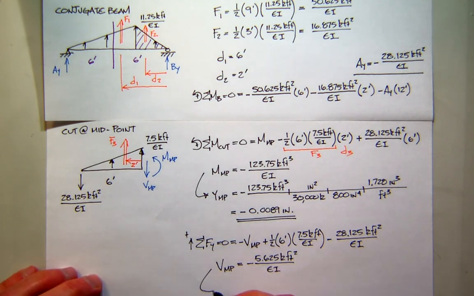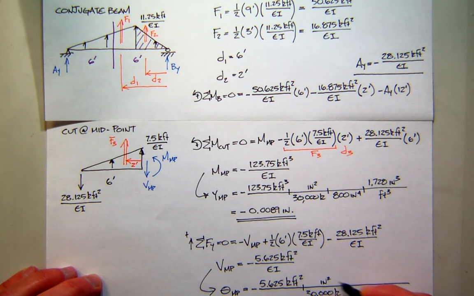Now we know that shear maps to slope. So let's calculate that. So I've got 5.625 kip feet squared. And now I need to divide that by E, which is 30,000 kips per inch squared, and I, which is 800 inches to the fourth.